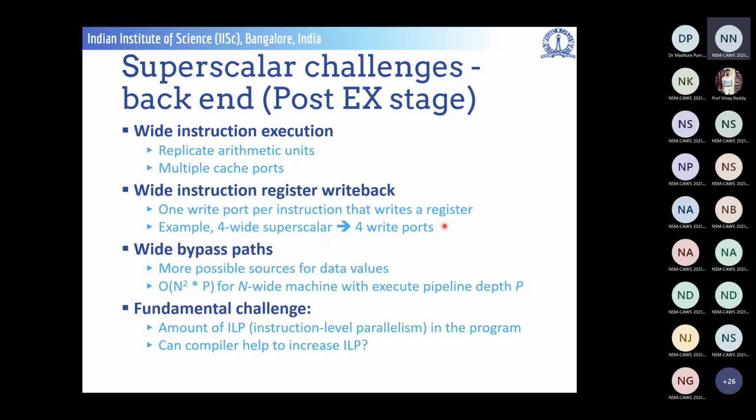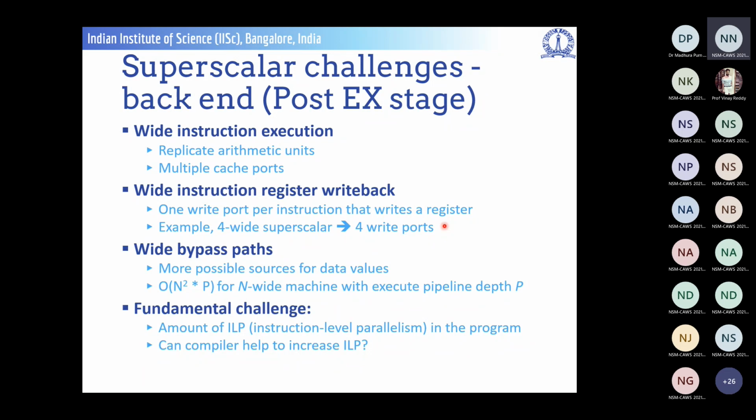And another fundamental challenge is that you can build all this hardware, but ultimately, if you are presented with code where all the instructions, back to back, are dependent instructions, which means that ILP equals 1, you can have all this fancy hardware, but there will be no use.